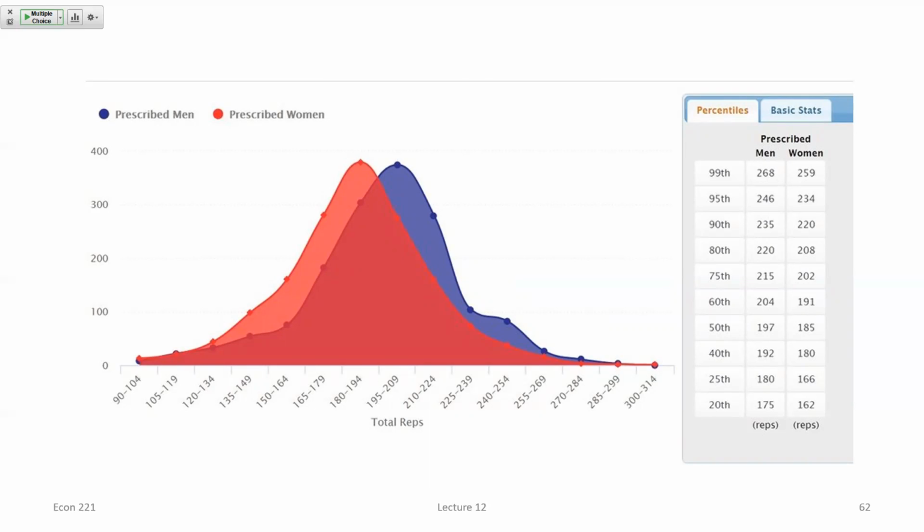This red was women, right? The performance of women at whatever workout this was. I couldn't draw a normal distribution that looks better than this, right? So human performance, when we look at this a lot, is really close to a normal distribution. The men was close too, but we had a little bit of a weird thing going on in this one range. We see it pop up all over the place, right?